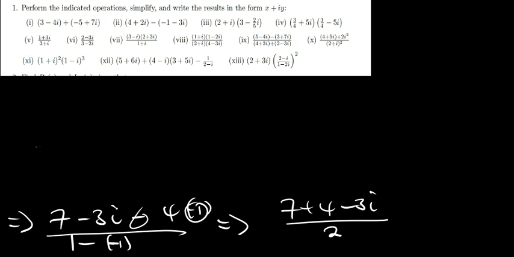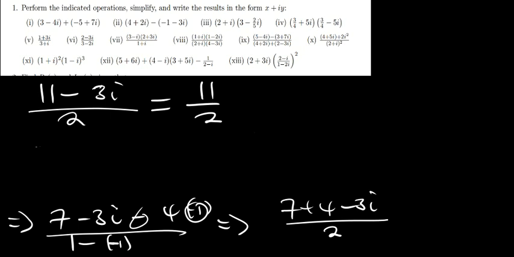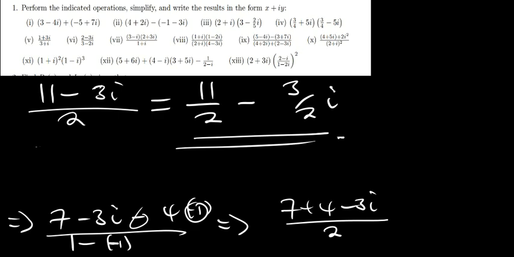The next thing is 7 plus 4, which is 11, minus 3i. You divide this by 2. I can write this as 11 divided by 2 minus 3 over 2 i. So this is going to be my final answer in this case.